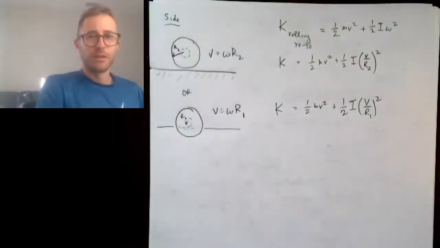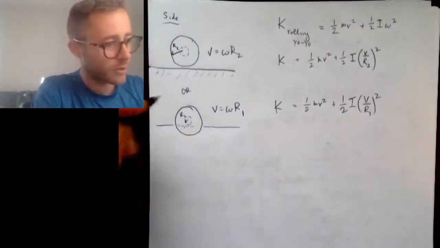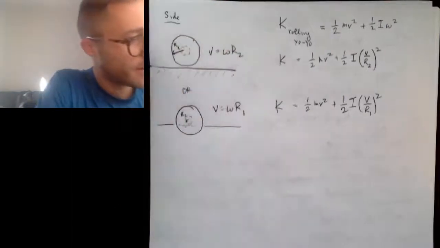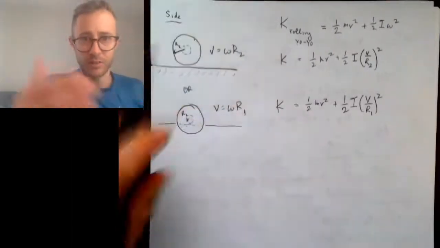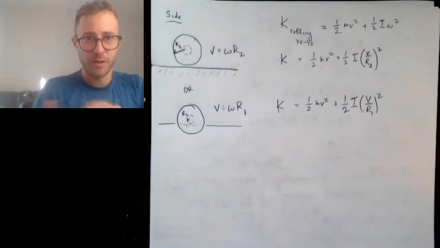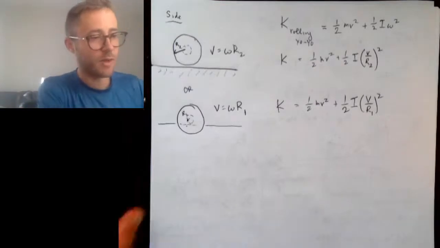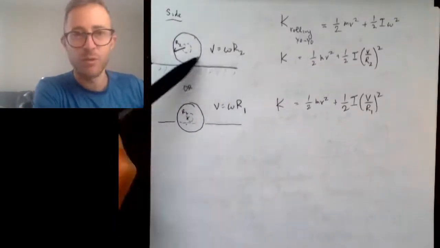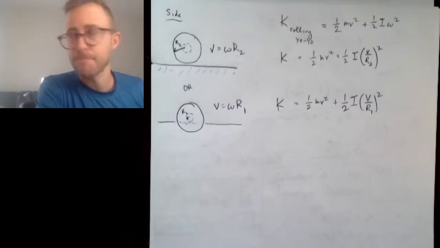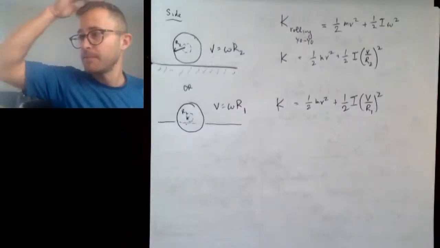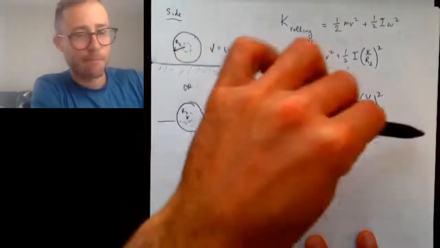So the point I'm trying to make in this rambling discussion is that if there are multiple circles that the object could potentially be rolling about, you have to be careful about which circle you're talking about, because that's going to affect the rolling relationship. So that's something to think about.